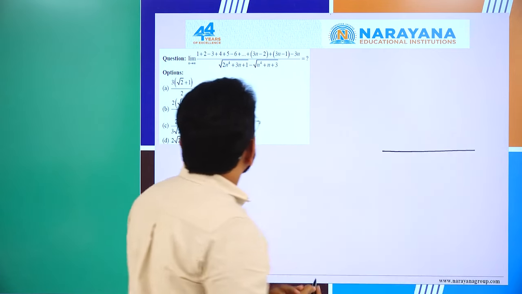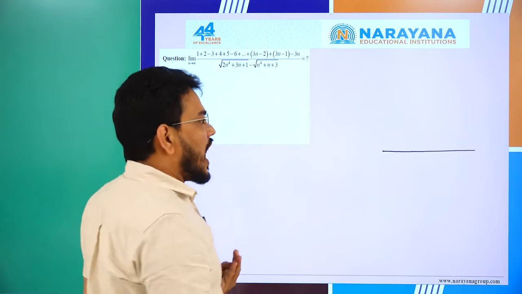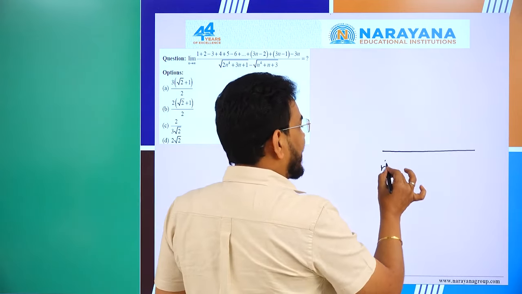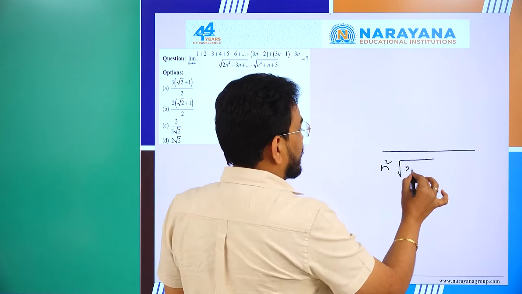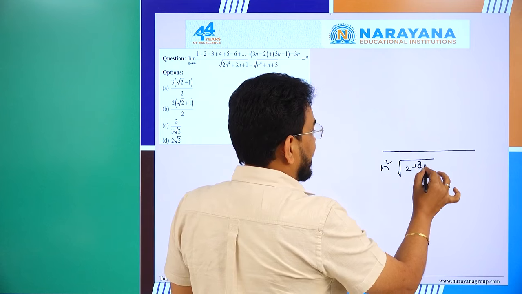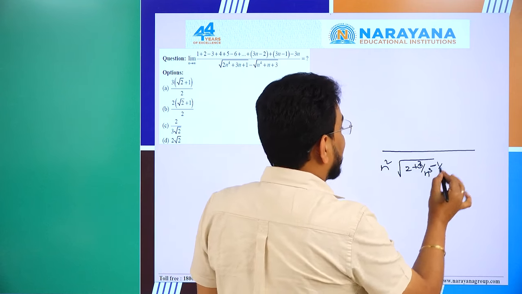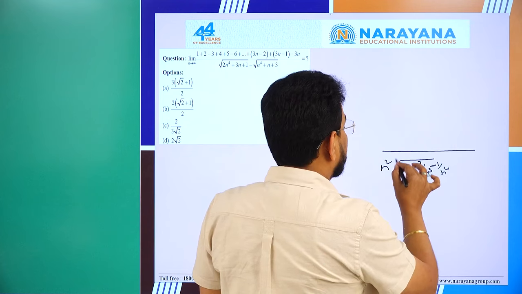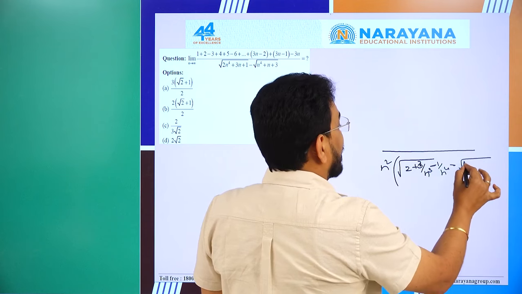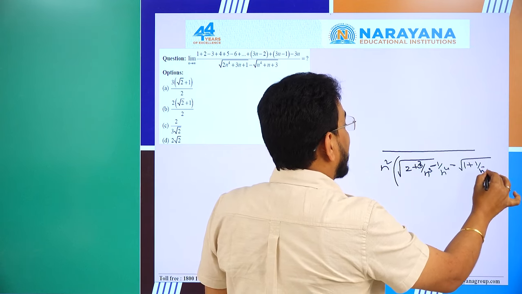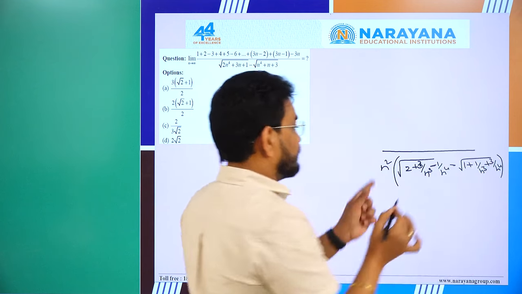If you look at the denominator, the highest power is n power 4, you take it outside, so you will be getting n square, and it is under root of 2 plus 3 by n cube minus 1 by n power 4 minus under root of 1 plus 1 by n cube plus 3 by n power 4.